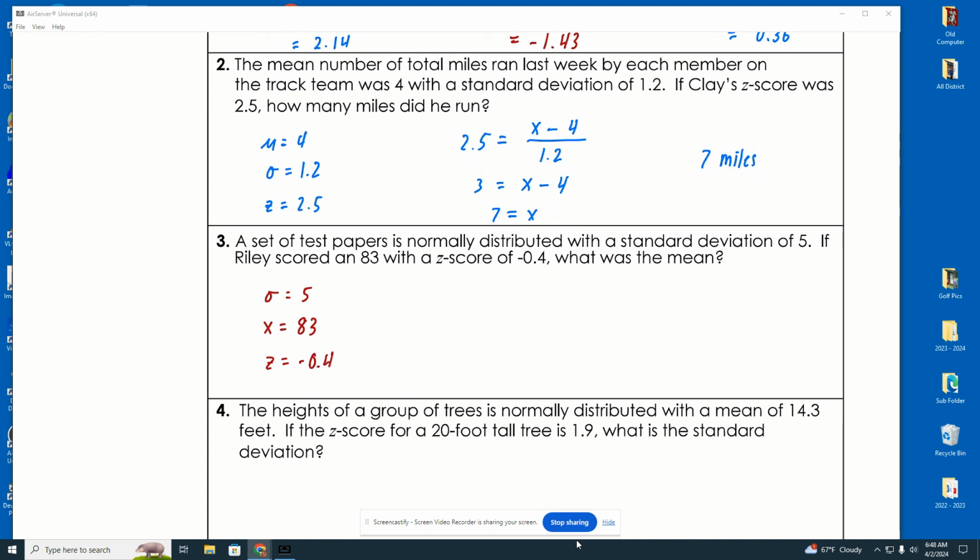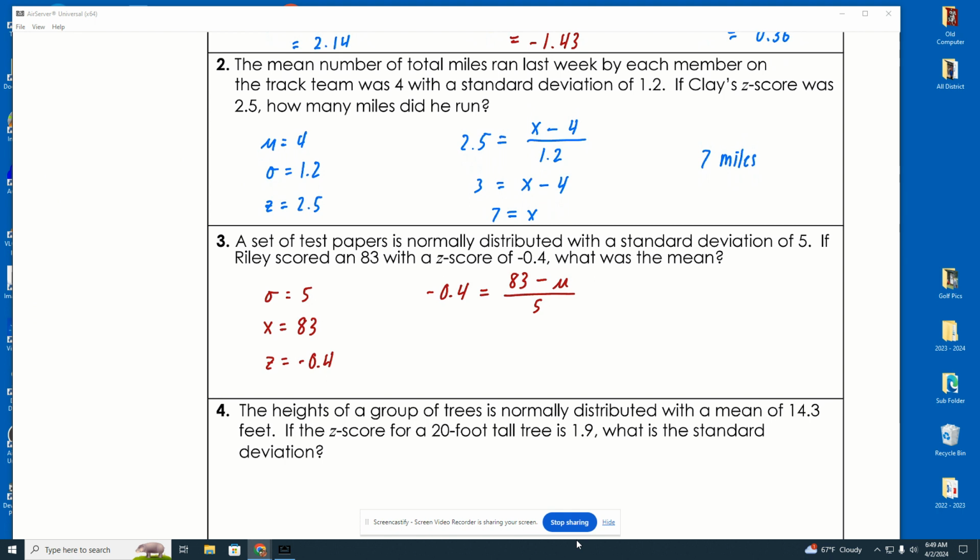So this time they want me to find my mean. They want me to find mu. So here we go. Here's my equation. Z, negative 0.4 in this case, equals x, 83, minus mu, my mean, divided by my standard deviation, which was 5.